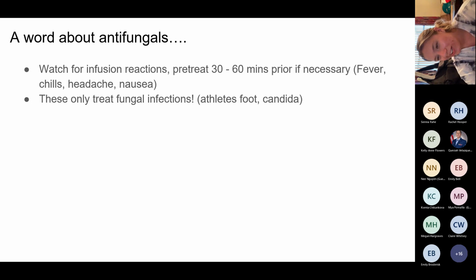However, a big complication of antifungals is infusion reaction. Your patient still needs this, so we want to look for any outstanding orders that might tell us what we can do before giving this med to help reduce the risk of an infusion reaction.